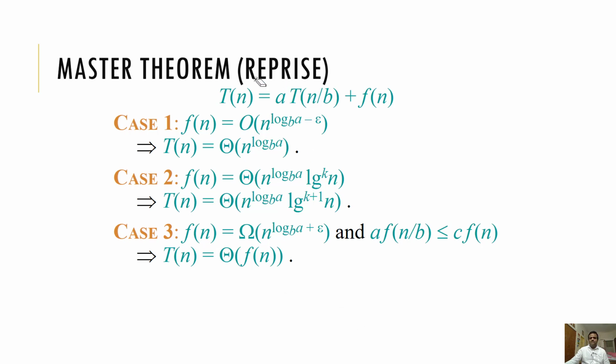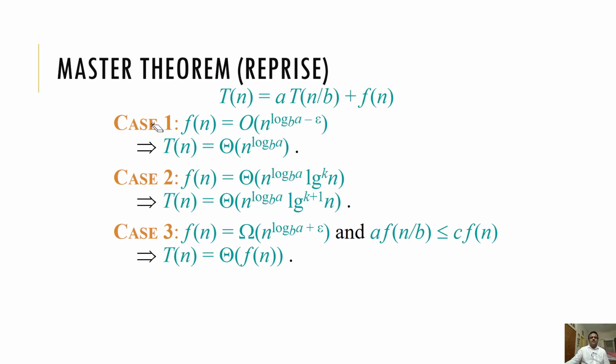The master method recurrence is of this form: T(n) = aT(n/b) + f(n). This comes from a problem that can be solved by divide and conquer: we divide a problem of size n into a subproblems of size n/b, and f(n) is the cost for dividing and combining.